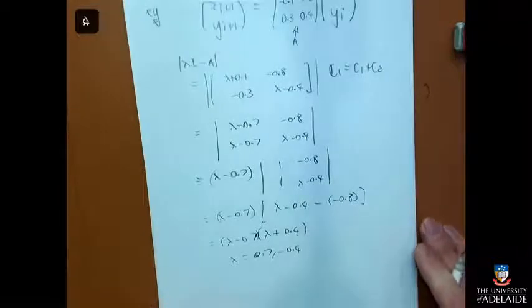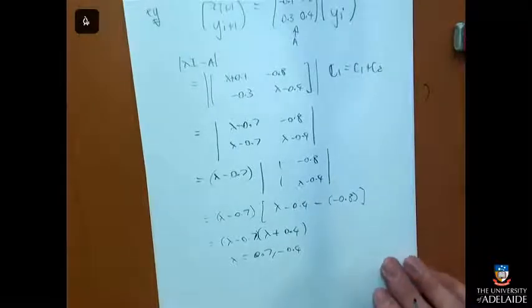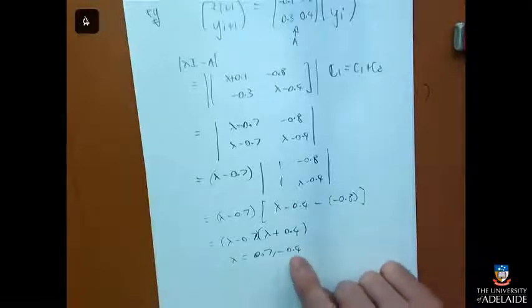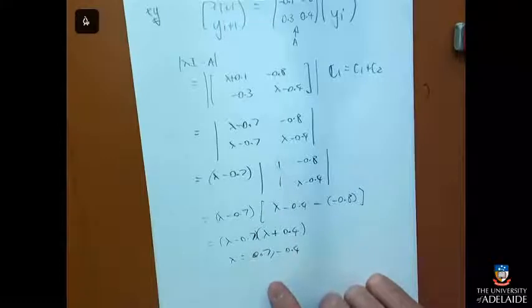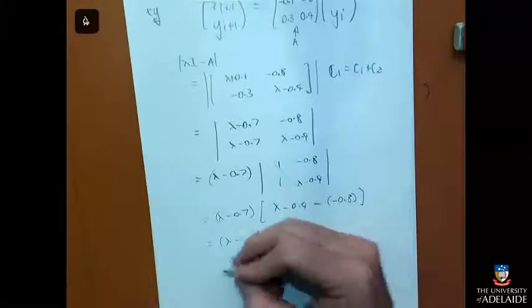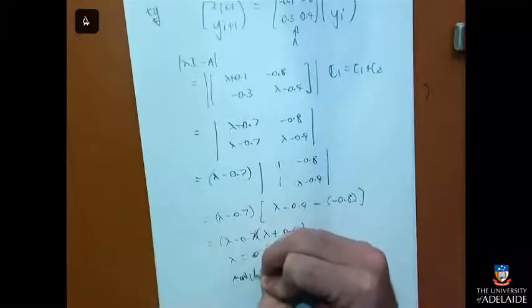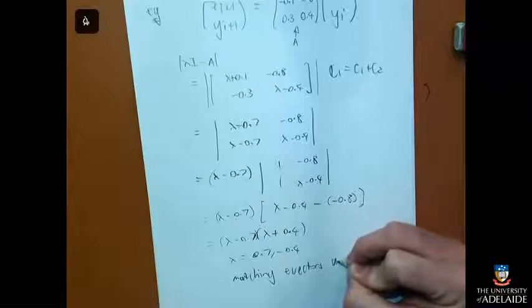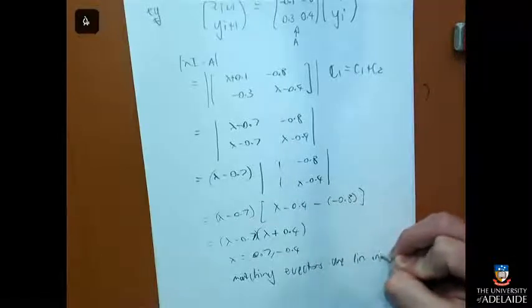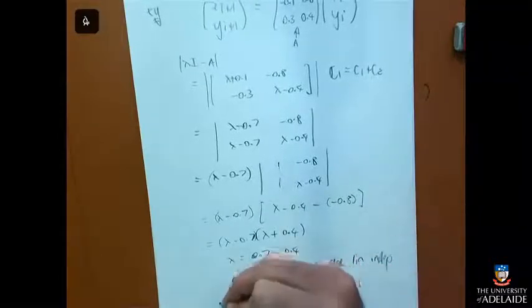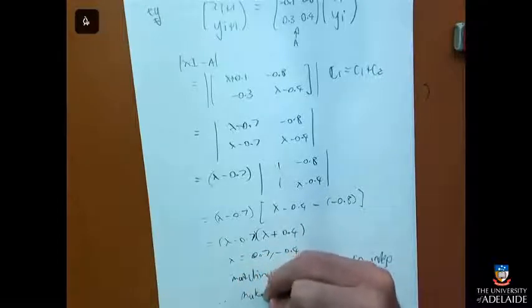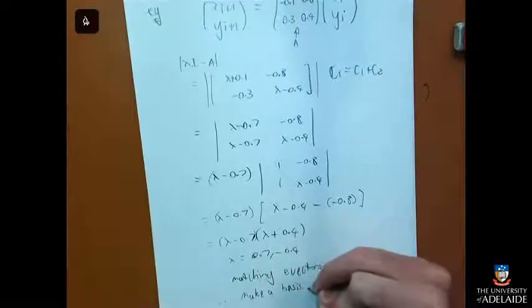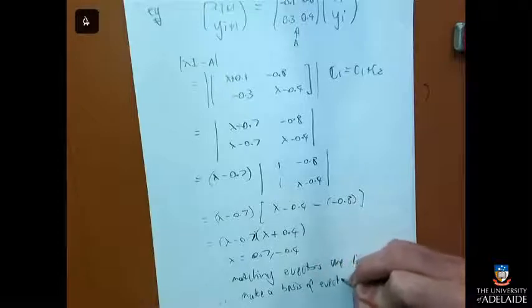Okay, so here's the thing. I'm not even going to figure out what the eigenvectors are. I know that because I've got two different eigenvalues, then the two eigenvectors that go with them are going to be independent of each other. So the matching eigenvectors are linearly independent, and so therefore I can make a basis of eigenvectors.